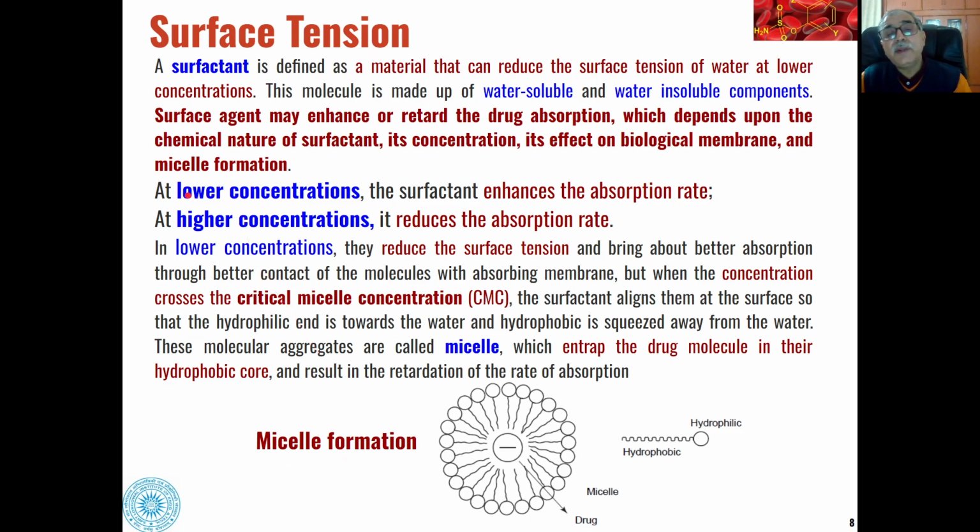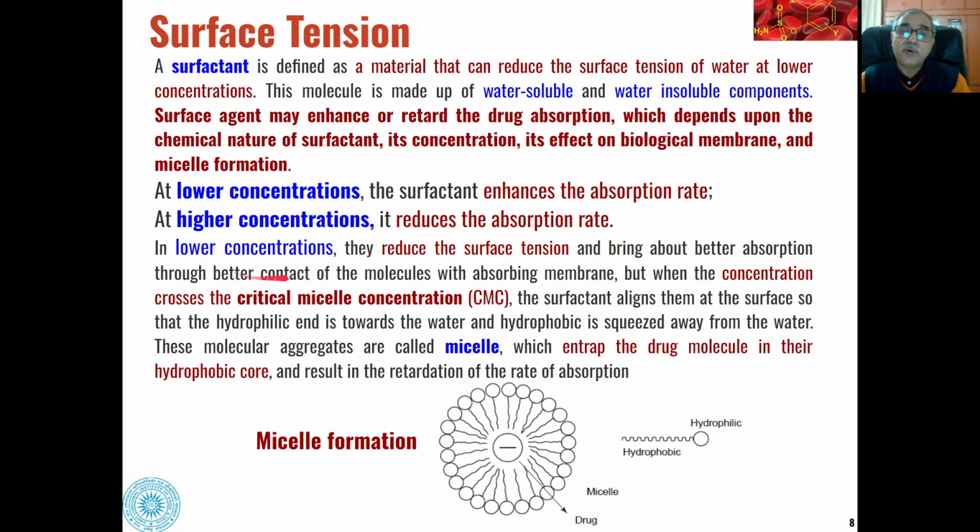So when the surfactant is at low concentration, the absorption of the drug will be increased. So it enhances the absorption rate of the drug. Whereas at higher concentrations, the absorption rate of the drug will be reduced or decreased.